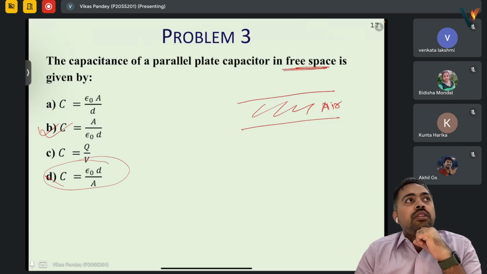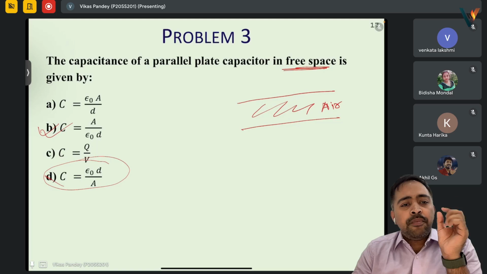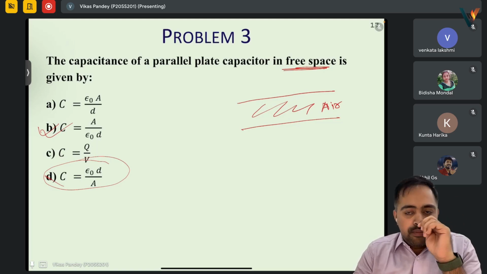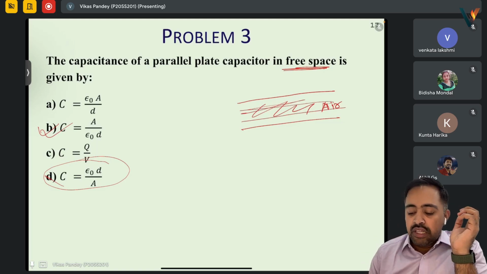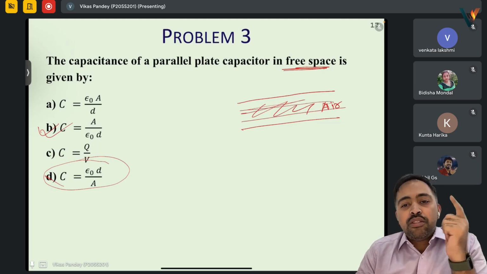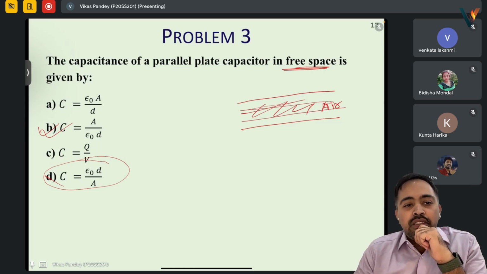Okay, tell me one thing, anyone. The dielectric constant of the medium: increasing it will increase the capacitance, or decreasing it will increase the capacitance?